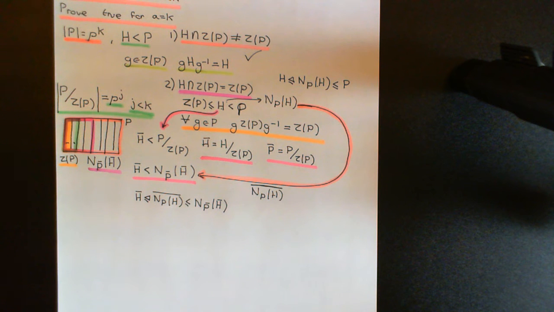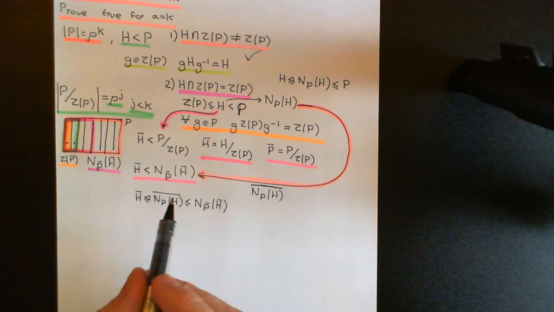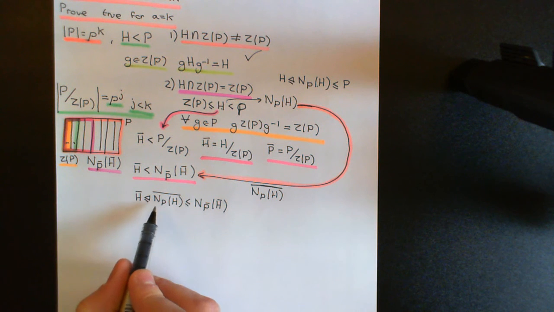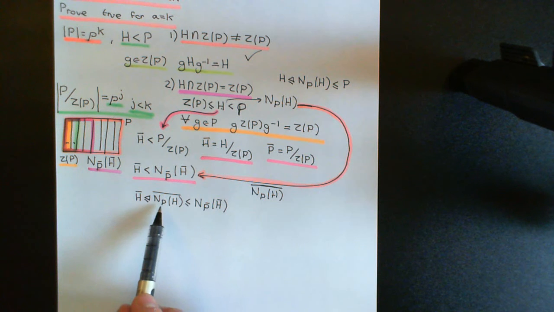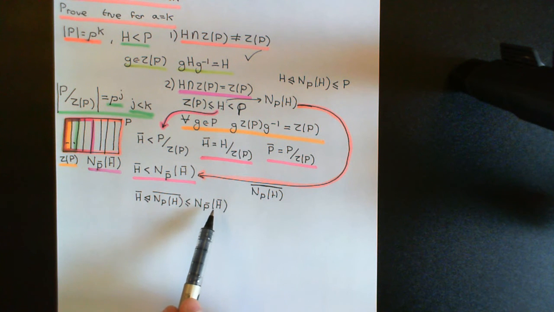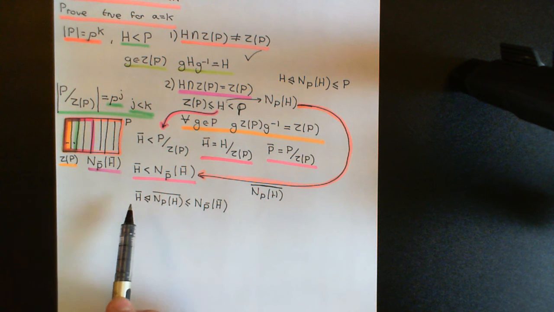That's proved in the video on the third isomorphism theorem. So what I can now conclude is that this normalizer of H in P bar, which is this thing transferred across, must be contained within the normalizer of H bar in P bar.